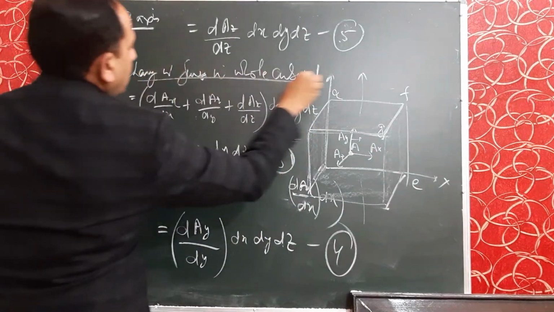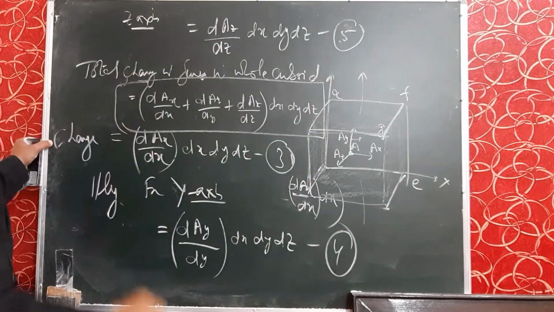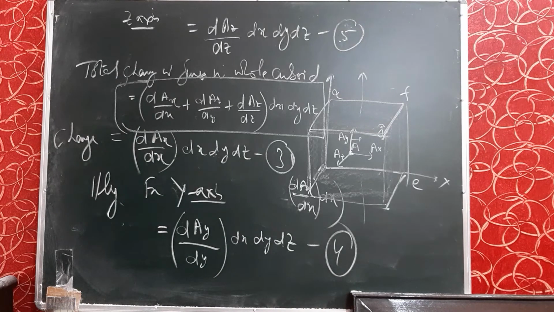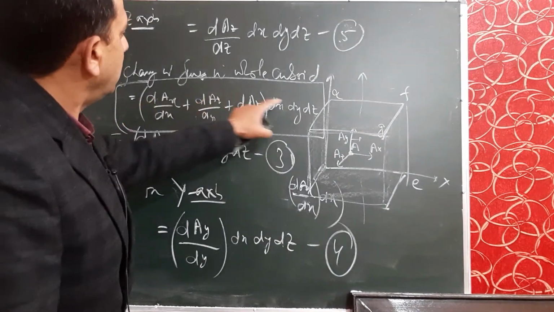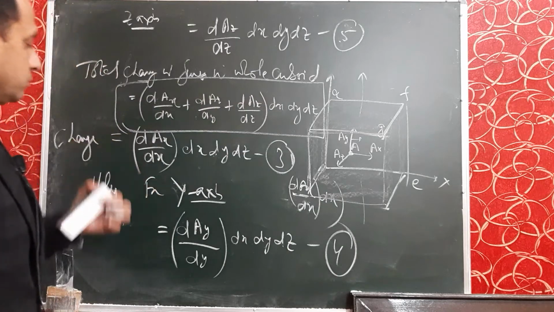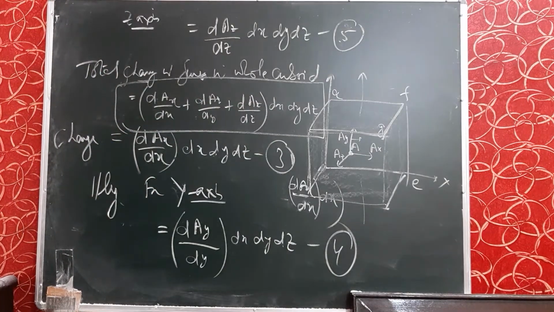So this is the net change in flux in the whole cuboid. We are considering all three parts, first term, second term, third term. I am adding these three terms and we will get this answer.